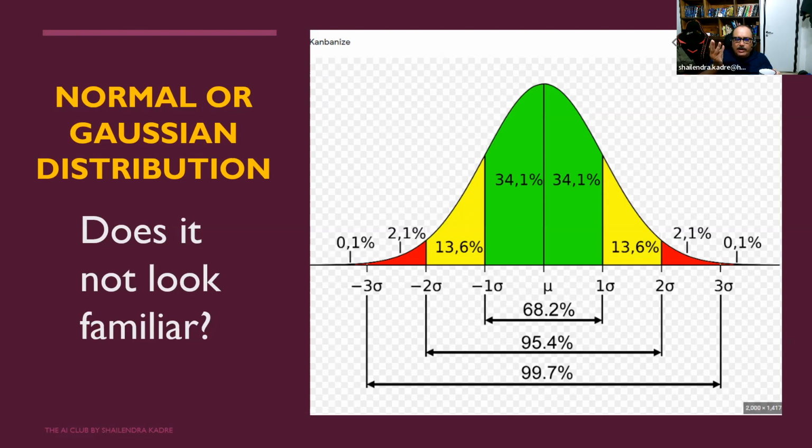So you can say that mean, median, and mode, which I explained a couple of classes before, are equal. For a normal distribution, mean equals mode equals median.